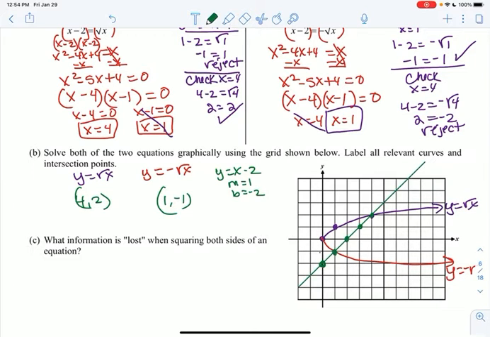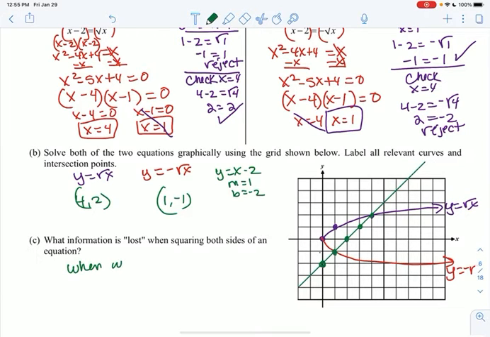So what happens when I'm squaring both sides of an equation? When you square both sides of an equation, you lose whether the original expression was positive or negative. Once squared, it could be either. So that's what's resulting in these extraneous solutions.